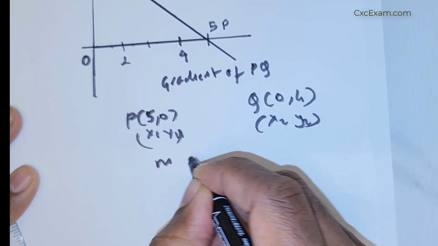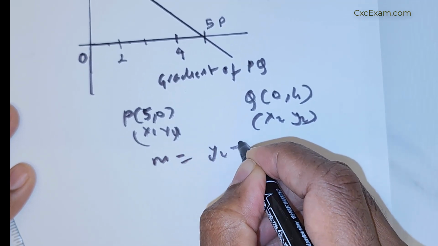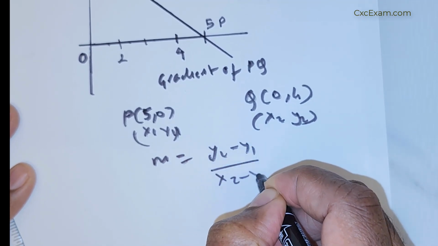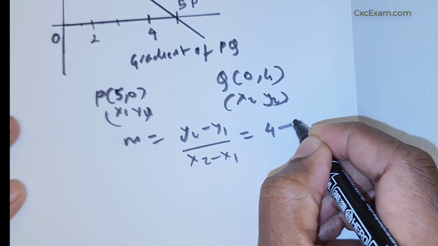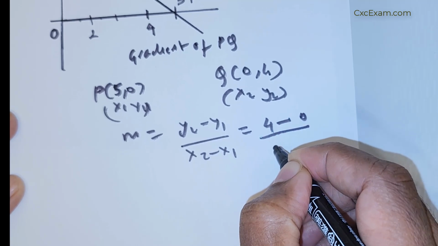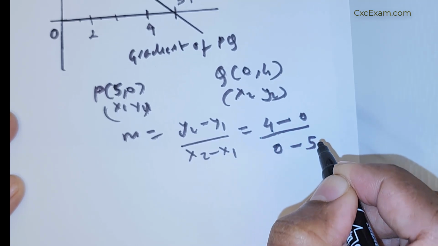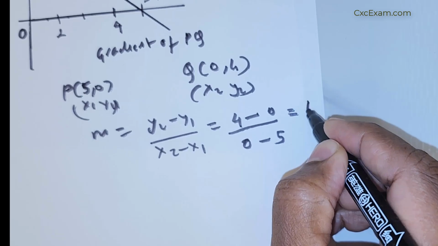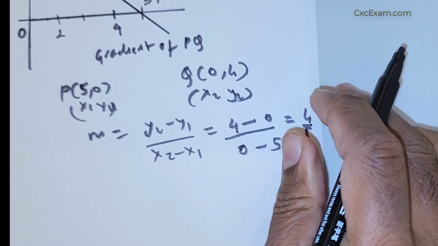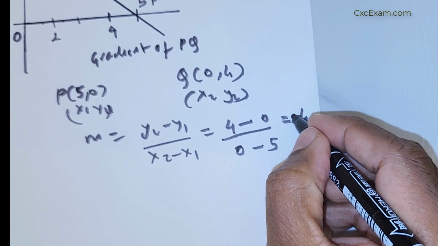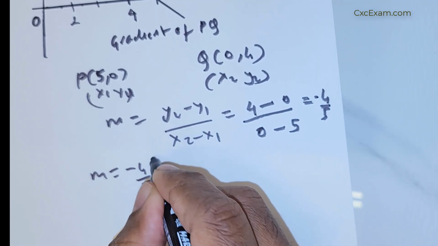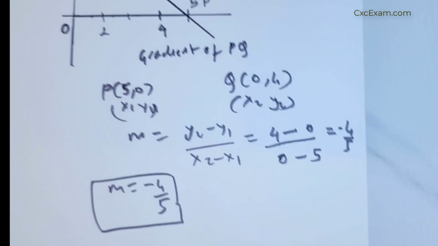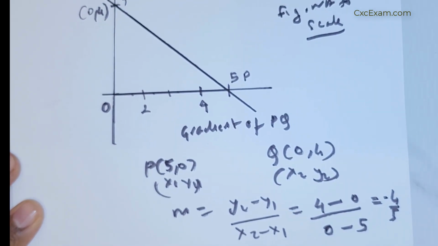So gradient as a formula is (y2 - y1) over (x2 - x1). So this is going to give me (4 - 0) divided by (0 - 5), which is 4 over 5 with the negative sign. So m is equal to -4/5. So this is the gradient for this particular line.